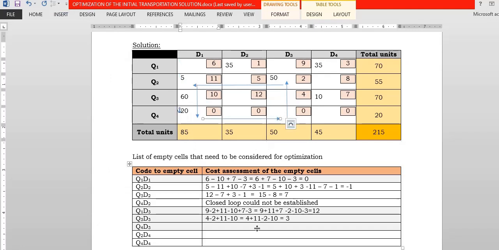Now again, cost assessment. We start with 0 minus 2 plus 11 minus 0. Like terms together, this becomes 11.